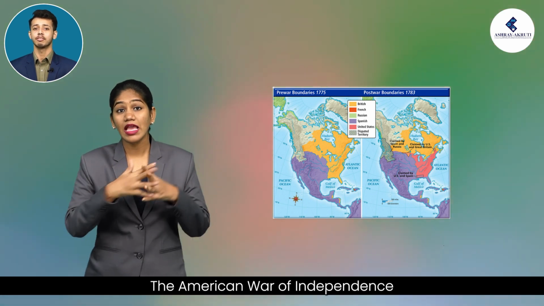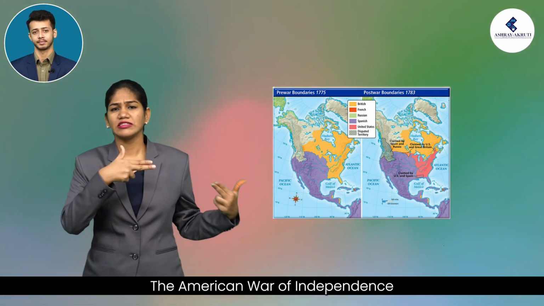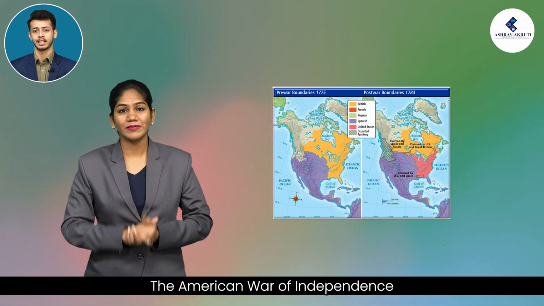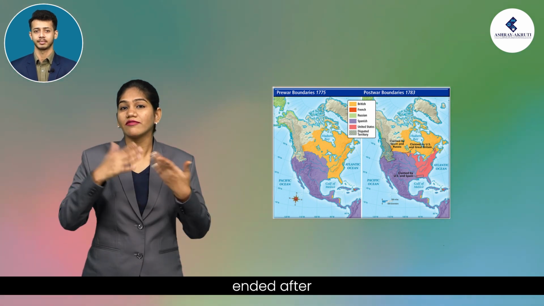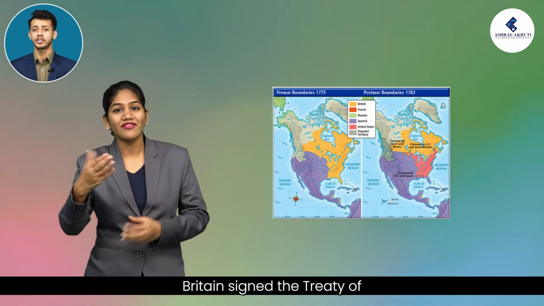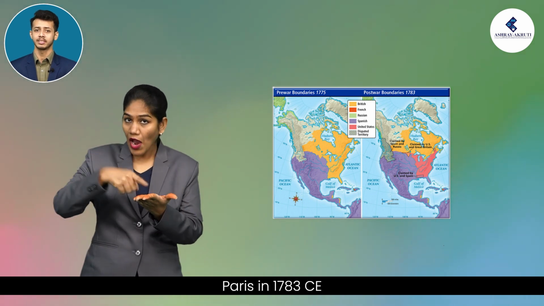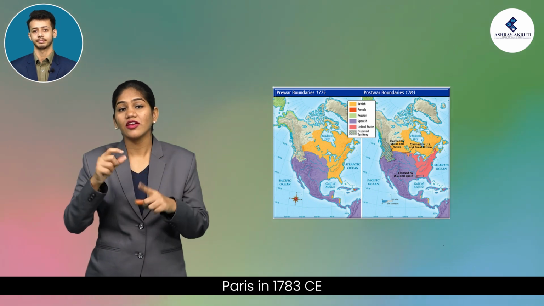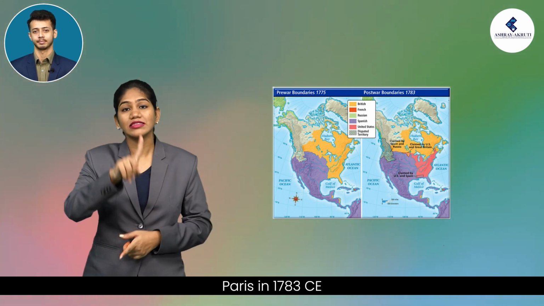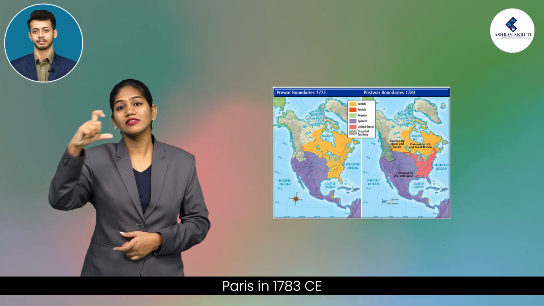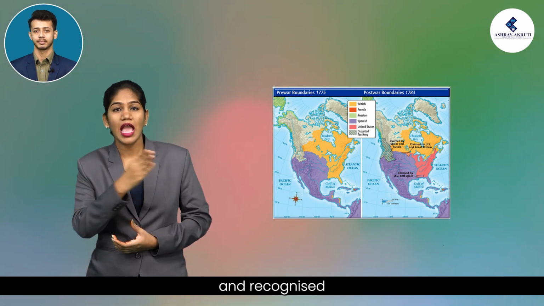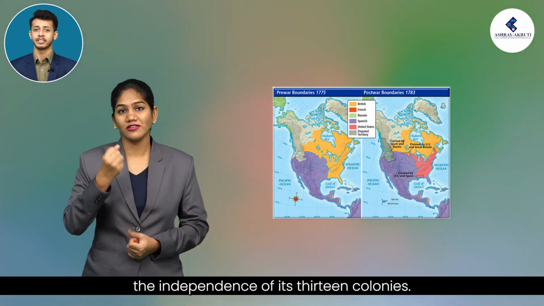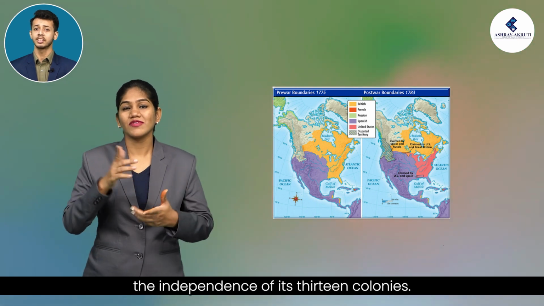The American War of Independence ended after Britain signed the Treaty of Paris in 1783 CE and recognized the independence of its 13 colonies.